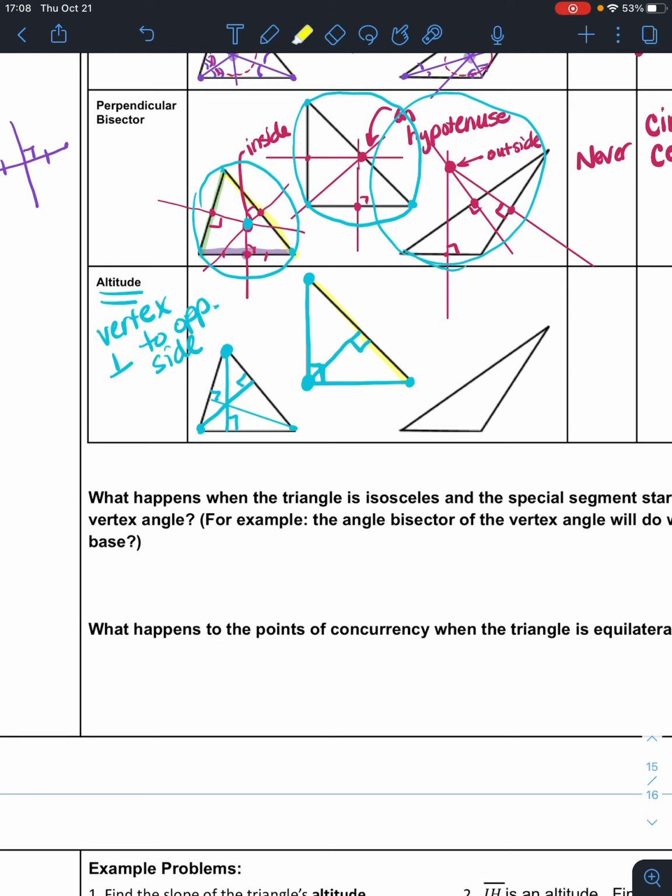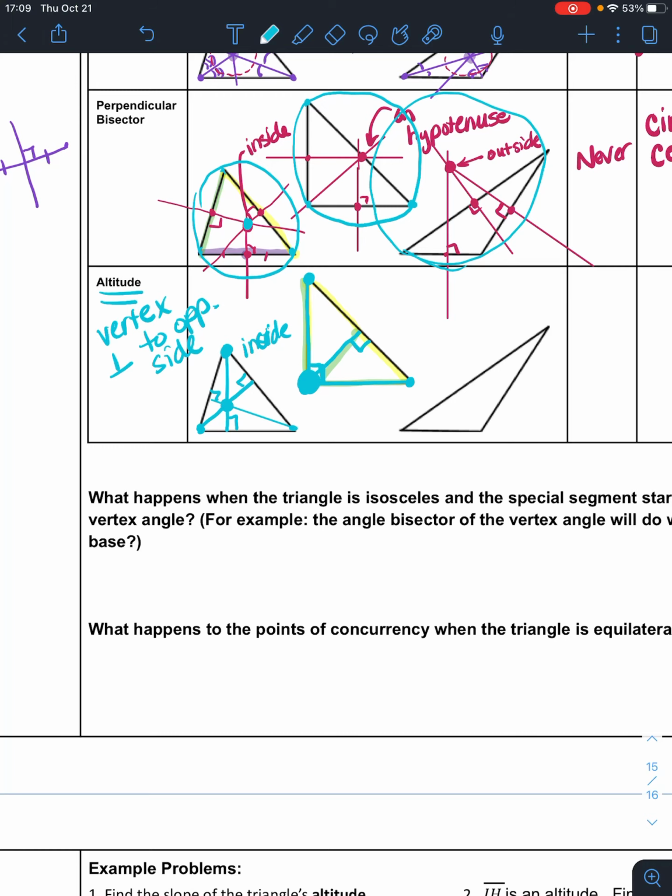Well, all three of those blue lines, let me do them in a different color. This line, this line, and this line, those were all my altitudes. They intersect right here, at the vertex where the right angle is on that right triangle.